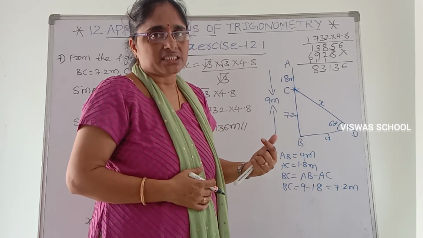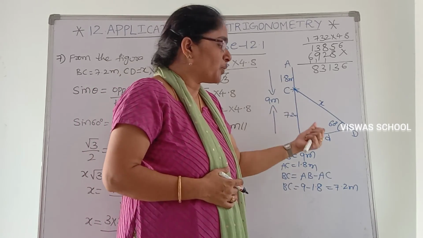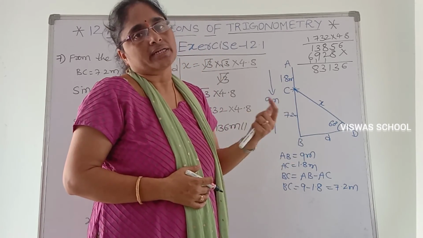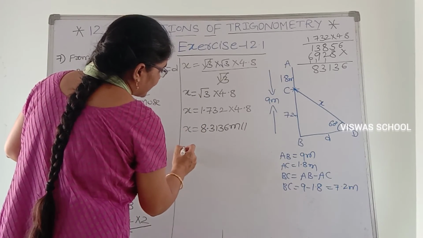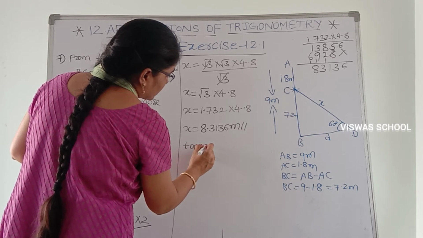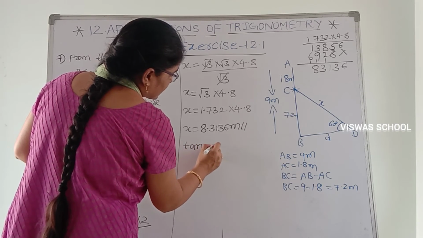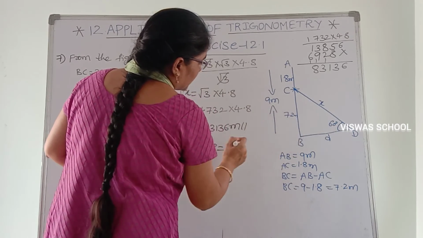Which trigonometric ratio relates opposite and adjacent? Tan or cot. If I take tan, then tan 60 degrees equals, from this figure, BC by BD.